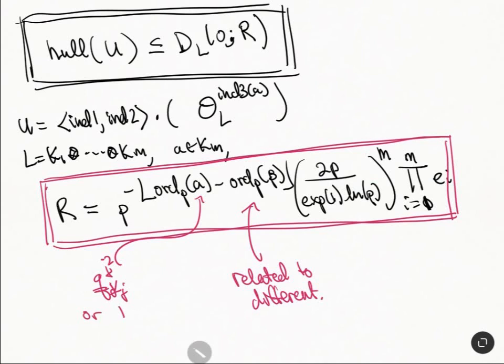I guess one thing we should observe is that in our application, the other thing that could happen is that most of the time this thing will be 0, actually. And then we actually don't need to consider this term. So we don't need this term most of the time.